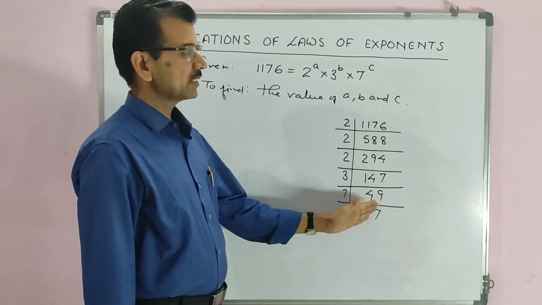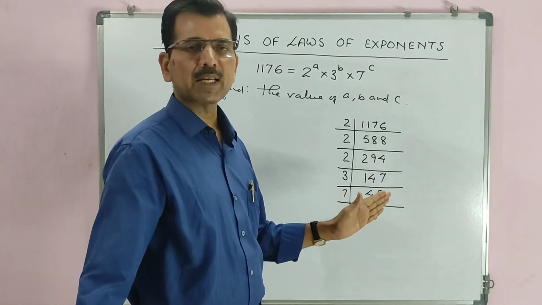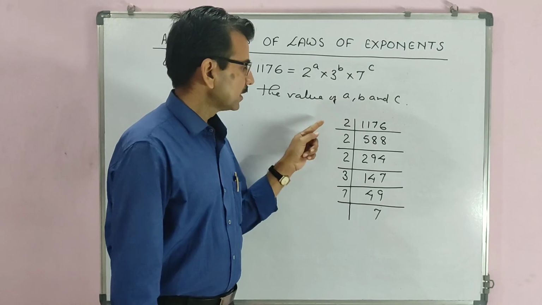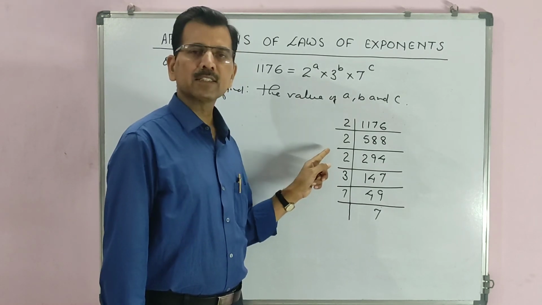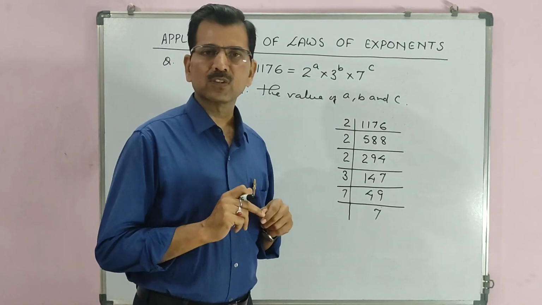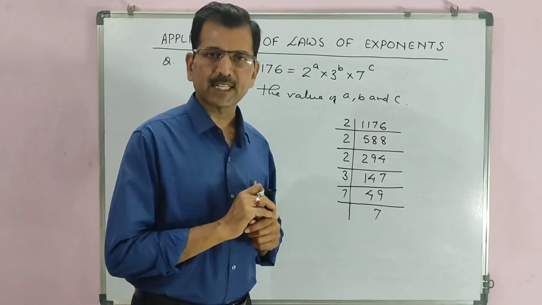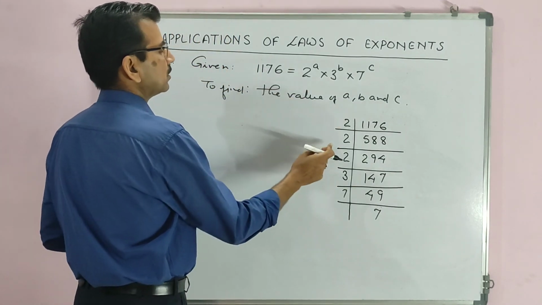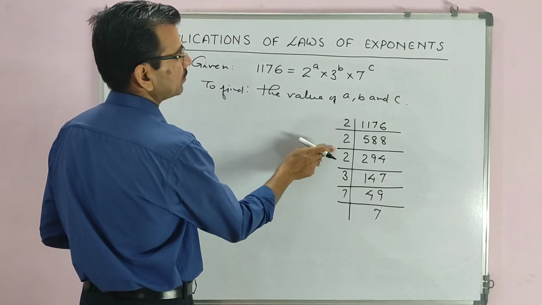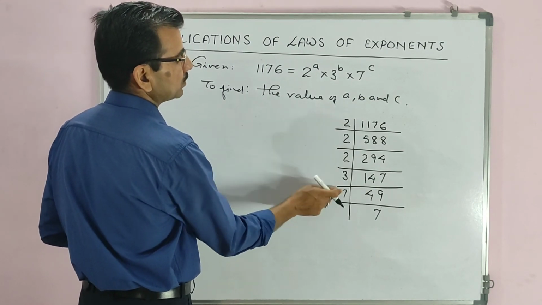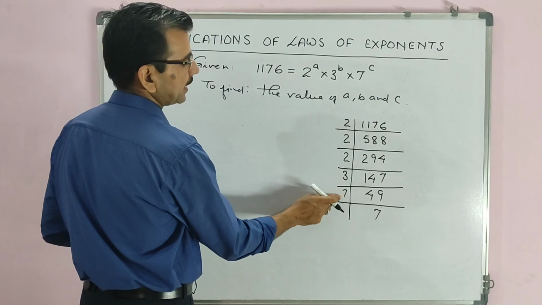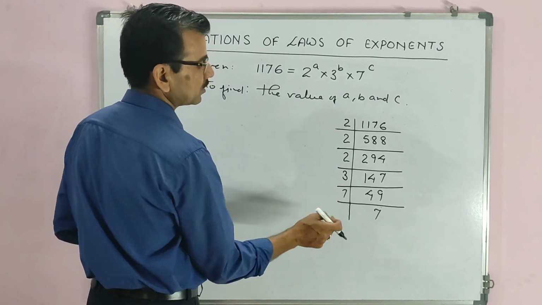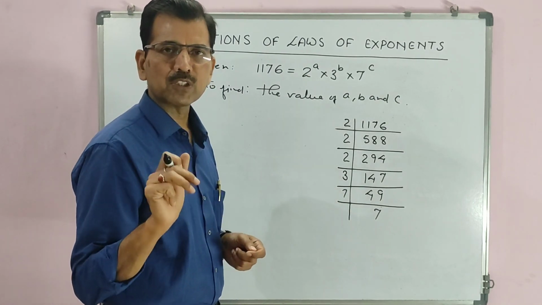All these are prime numbers. You know prime numbers, which are numbers having 2 factors, 1 and the number itself. Right? You know this. So here the power of 2 is 3, the power of 3 is 1, and 7 comes 2 times here, so 7 has the power 2.